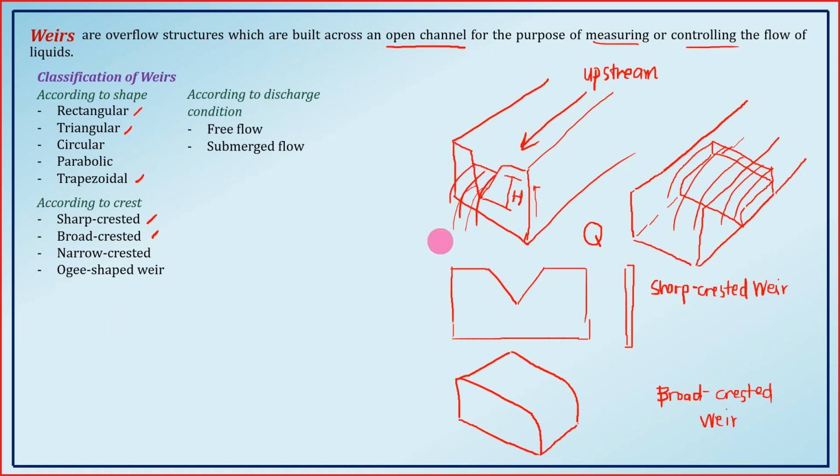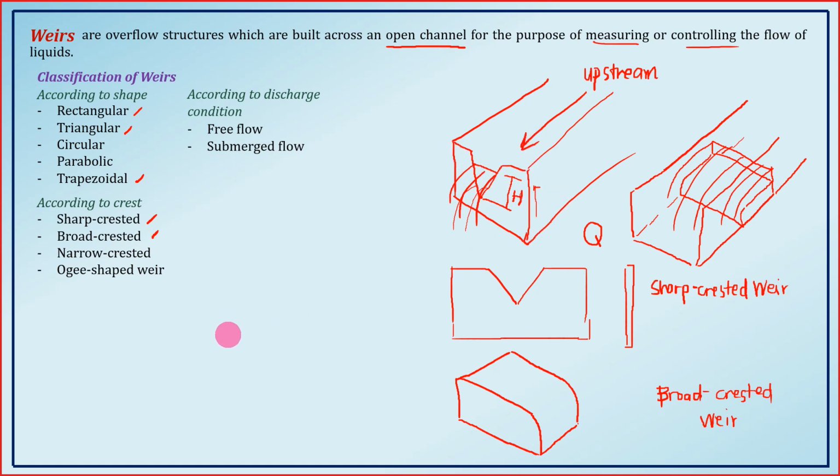Pag ganito, yung nagpa-flow lang, wala tayong pinupuno na another channel. So, hindi submerged yung weirs. Ganyan lang siya. At the downstream natin, hindi tumatama yung liquid sa ating weirs or hindi punong-puno.